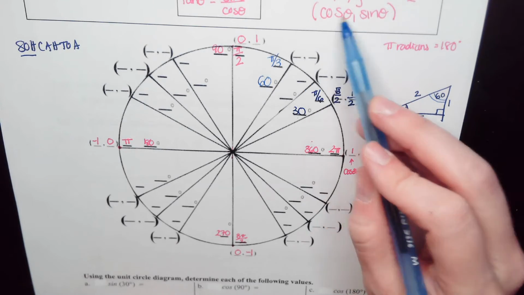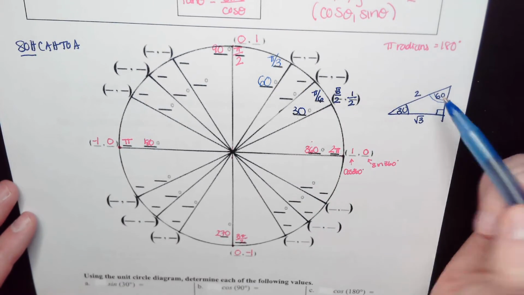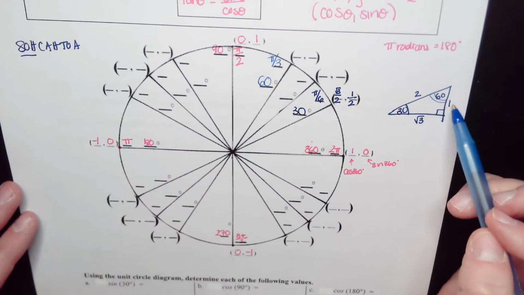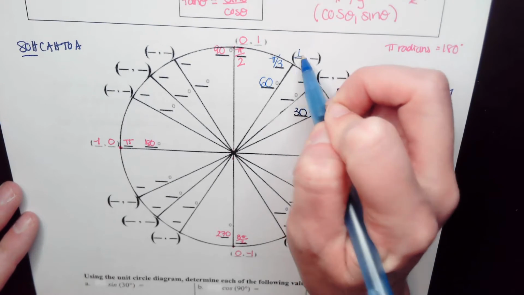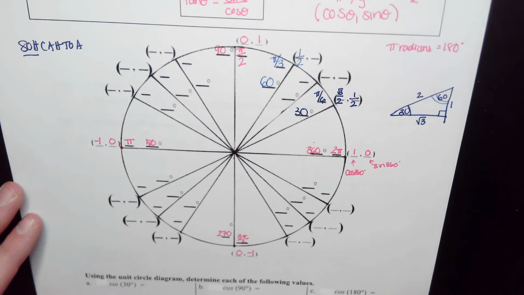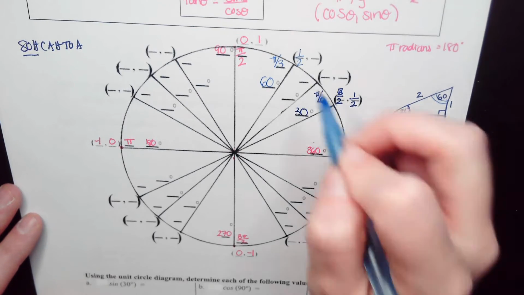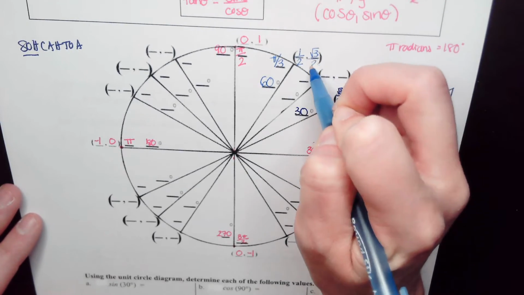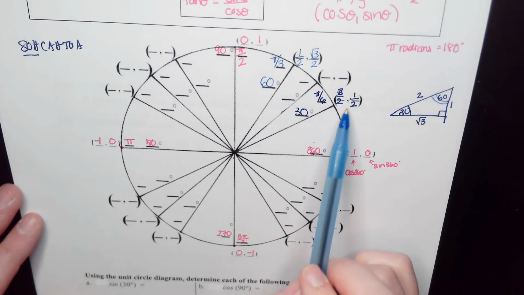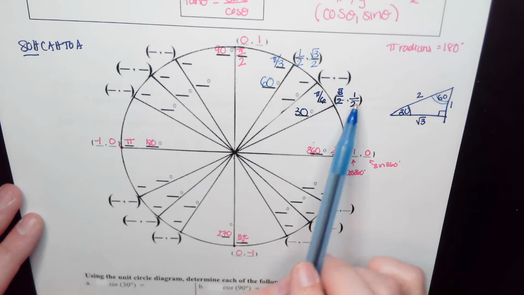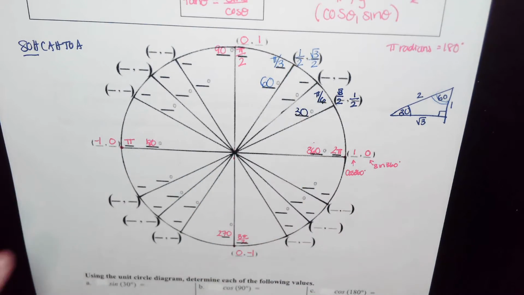Cosine always comes first. C comes before S in the alphabet. It is adjacent over hypotenuse, so that's 1/2. So it's just switched here. And then the sine is opposite over hypotenuse, so opposite the 60 degrees is rad 3/2. So you'll see these 2 points are the same values, just switched. The sine and the cosine are switched.